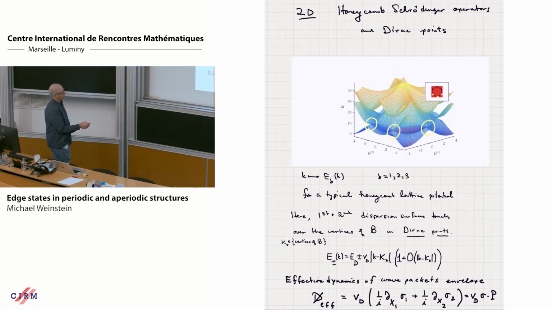So for a typical honeycomb lattice potential, the first and second dispersion surfaces touch at Dirac points. Dirac points are points where the 2 dispersion surfaces, let's call the upper one E plus, the lower one E minus, touch in a right circular cone.